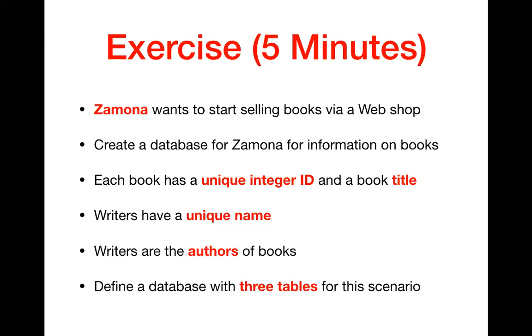Each of those books has a unique integer ID and a book name. You also have writers on the other side, which have unique names. And those writers are linked to books as authors. So your goal is to come up with the commands to define a database with 3 tables for this scenario.